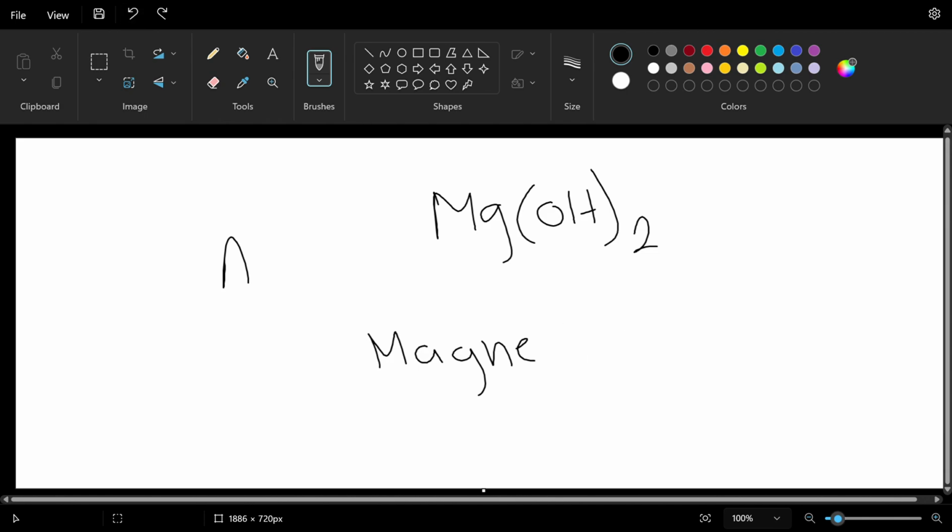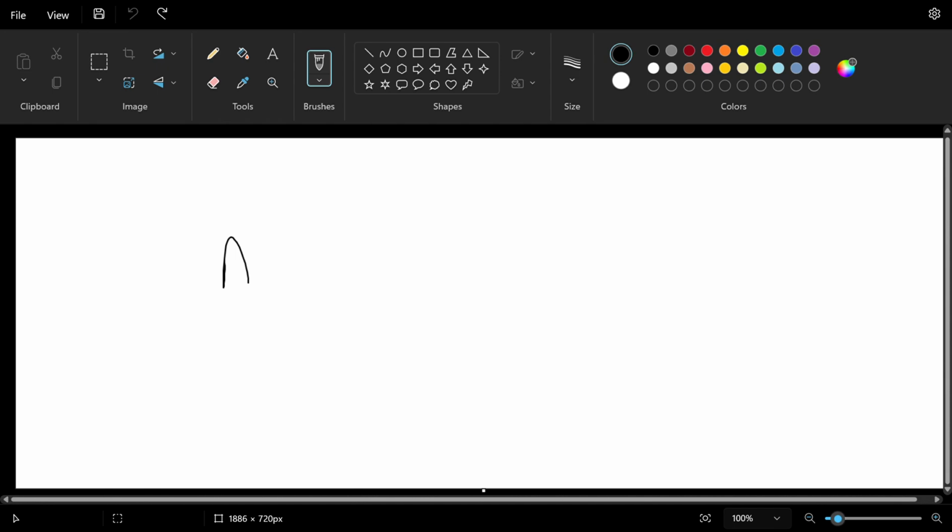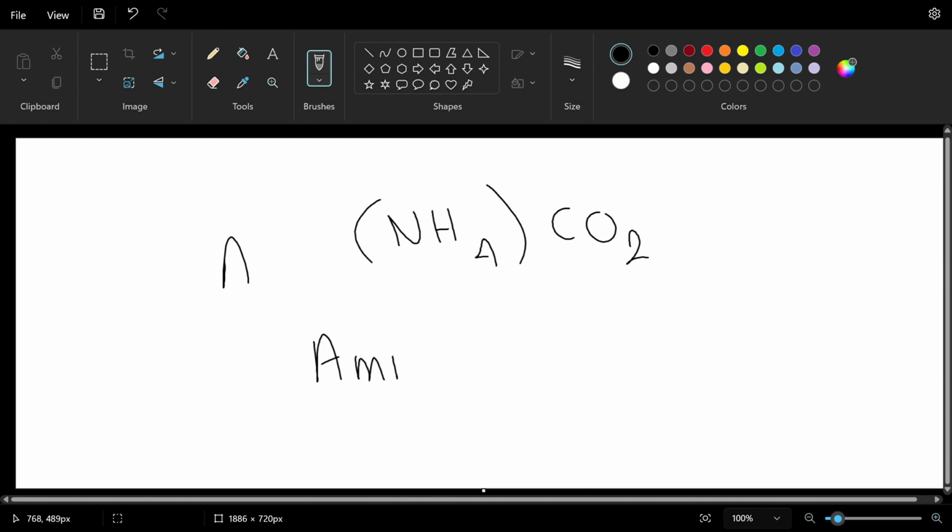Now, for another example, you could get a formula of NH4 and SO4. Now, again, if you look on the back of your periodic table, you will see that NH4 is represented for ammonium. So you're going to write ammonium.